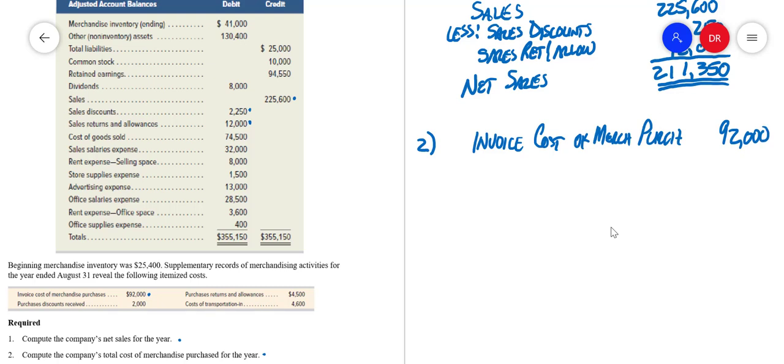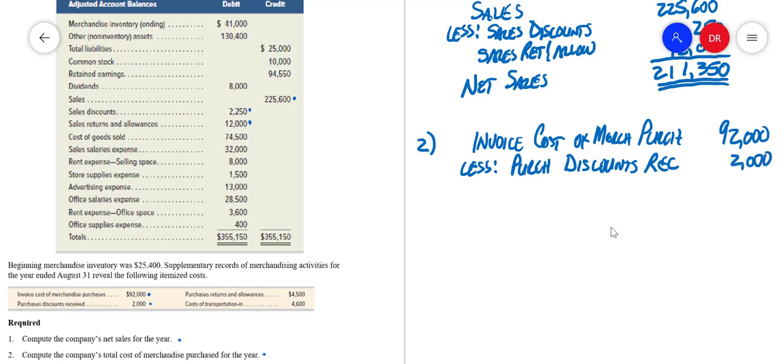We're going to deduct purchases discounts, so we say less purchases discounts received, and that's going to be $2,000 right here. So $2,000.